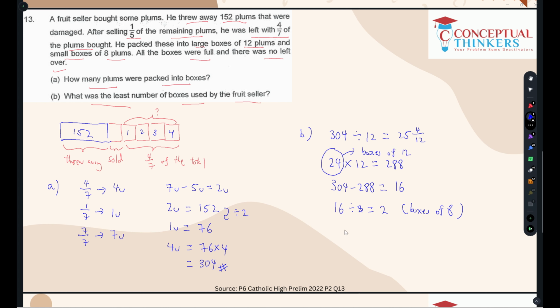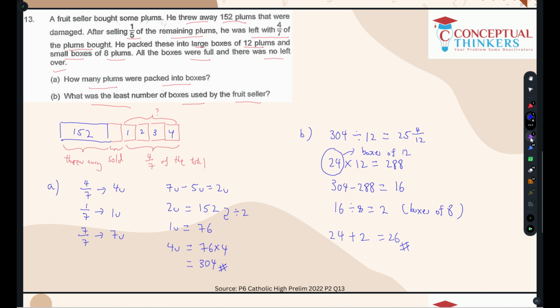Okay, so that means that if I take 24, which is the maximum number of boxes of 12 I can pack, then I add in 2 boxes of 8. So I'm going to get 26 boxes as the least number of boxes that will be used by the fruit seller, because I already maximized the boxes of 12, which is 24. Okay, so this will be the answer for this question.